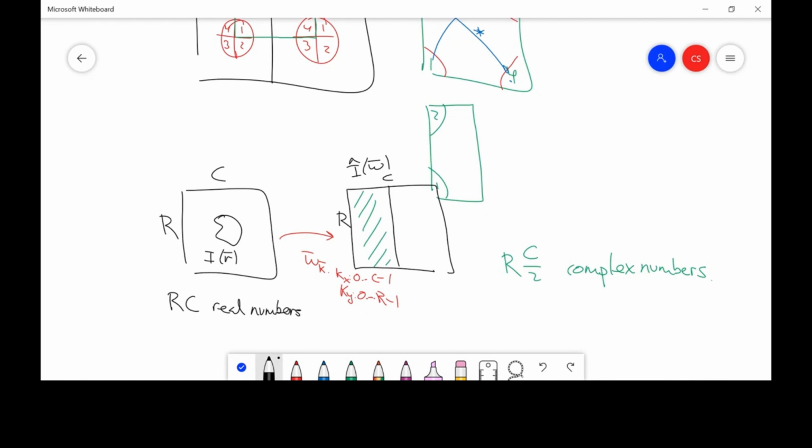And now comes the interesting observation. How many real numbers do you need to represent a complex number? 2. You need A plus JB. So I need twice this many real numbers. So I will need twice RC divided by 2 real numbers.